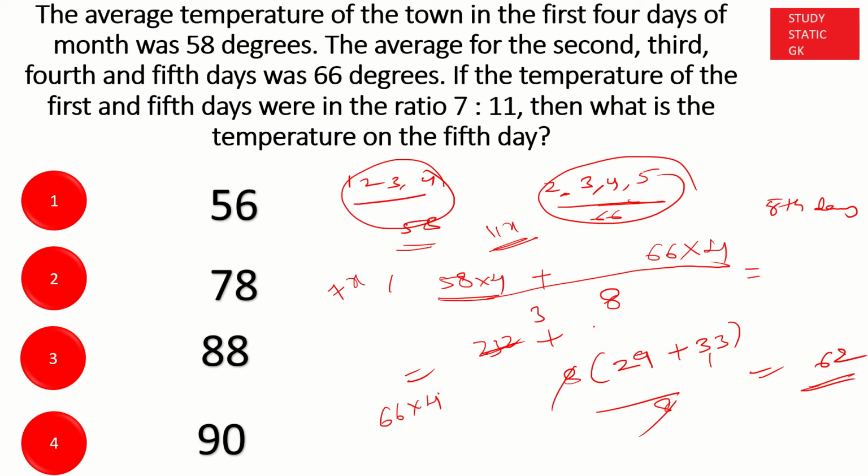That means 11x minus 7x is nothing but 62. So the 4x is equal to 62. And what is the temperature on the fifth day? They are asking about 11x. It is not 62, or what?